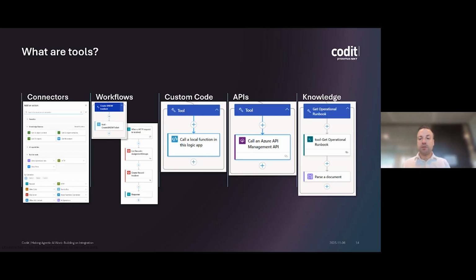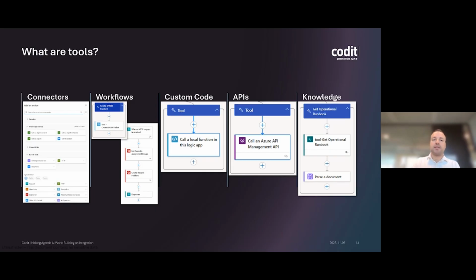Your existing workflows can also be used as tools. So in this case, you can create child workflows and use that as a tool in your agentic workflow. There's obviously also the option to use custom code that you are hosting either in Logic Apps or in Azure Functions that you can call from your workflow.